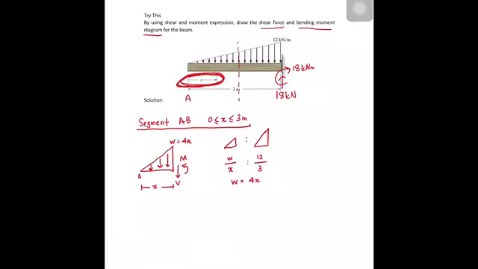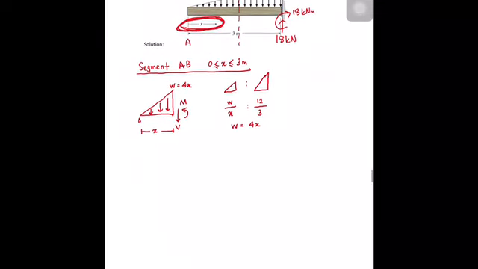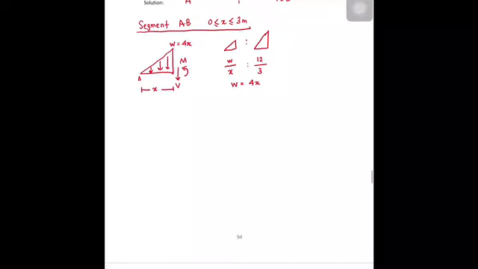And then same, by using equilibrium equations, you have to come up with the equation. So we take a look at this segment AB. Start with summation moment at the small x is equal to 0. My definition, clockwise is positive.